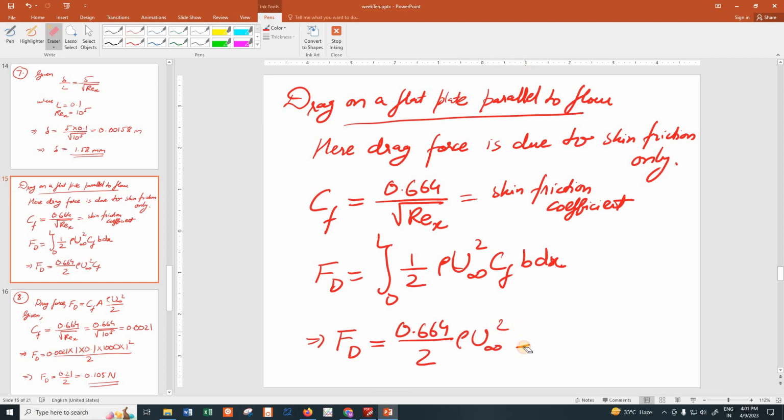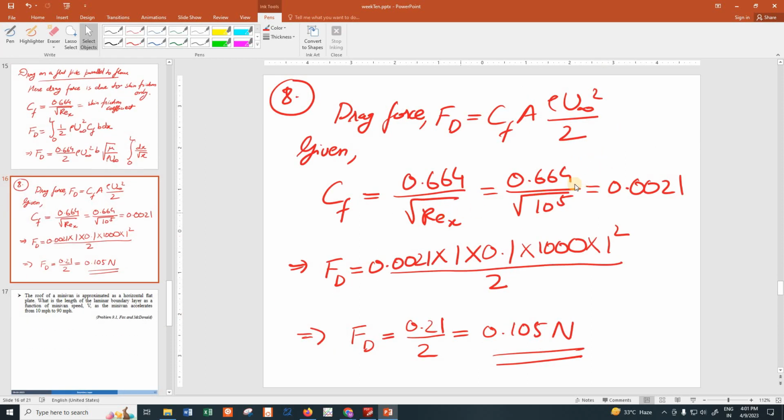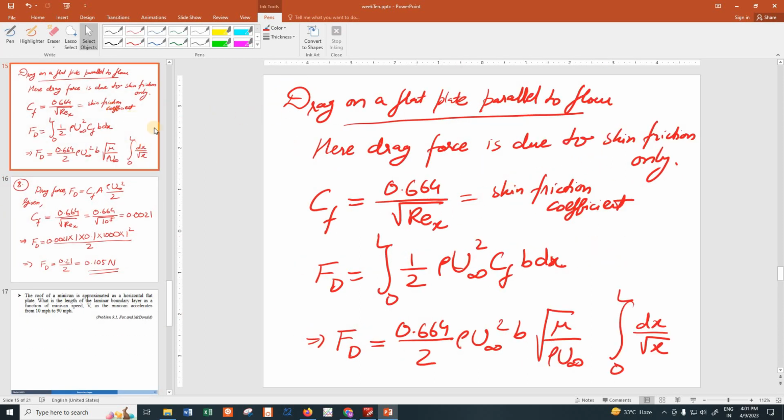The CF, if you expand, involves the Reynolds number, so you will have a contribution of x in here. If the Reynolds number is constant, then it would just become half rho u square CF into area, which I have taken here, because the Reynolds number is not varying.